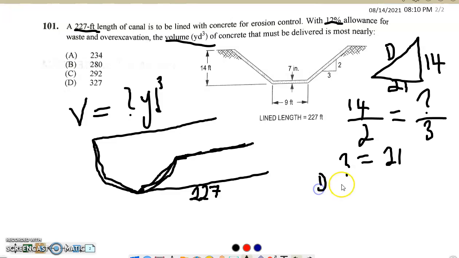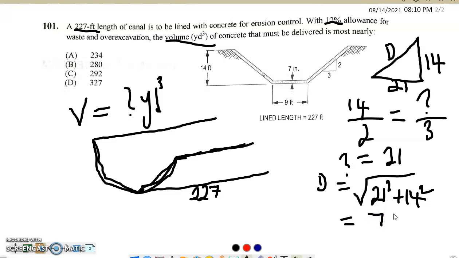D equals, we all know the geometry, the square root of 21 squared plus 14 squared. That would be 7 square root of 13.